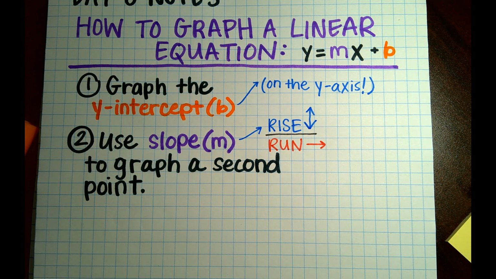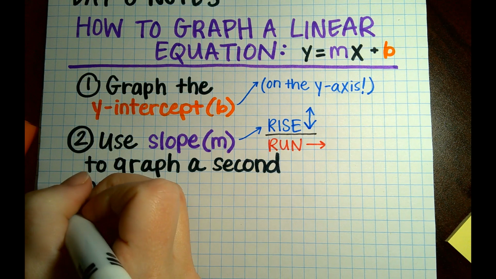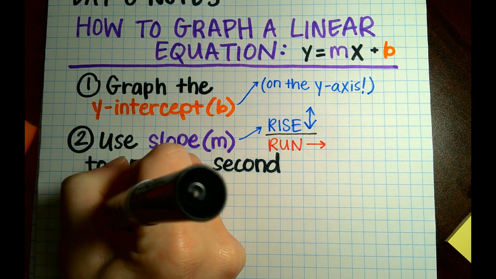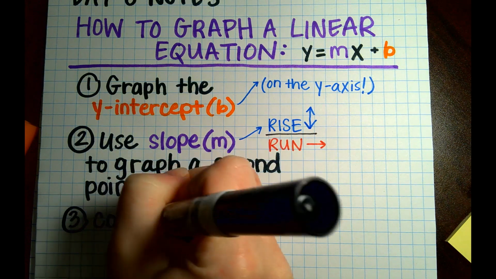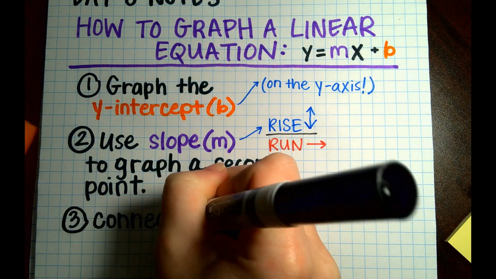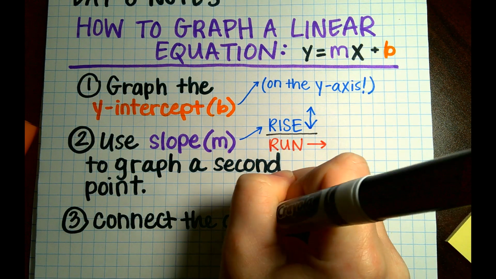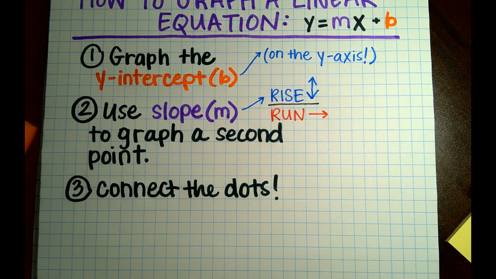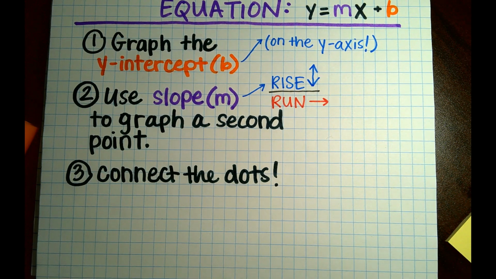And once we have our 2 points, our 2 little dots on our graph, all that's left to do is to connect the dots with a line. And that's it. So I'll leave these steps up for a moment for anyone that is copying them down.